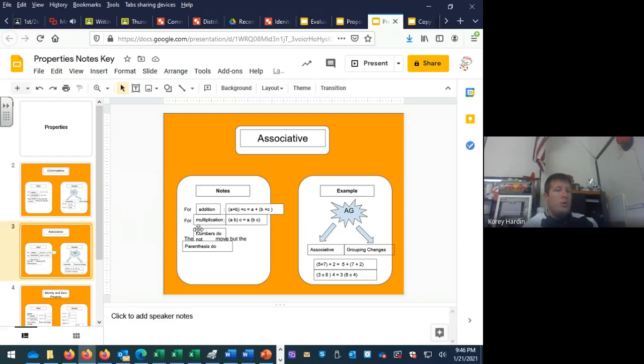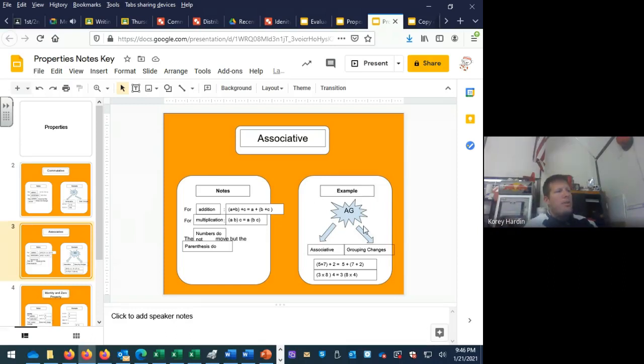The numbers do not move, but the parentheses do. Okay? So you'll look A, B, C, A, B, C. There you go. All your numbers, letters, whatever we're using right now, they stay in order. Okay? They stay in order. Now, the parentheses change. The grouping changes, okay?